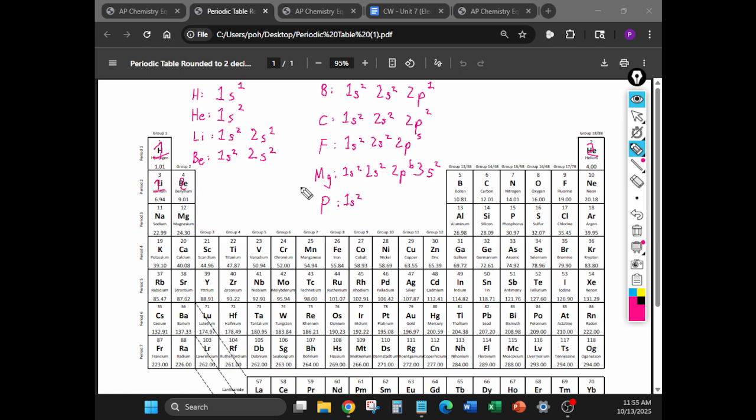You have 2 in 2s, so 2s2. You have 1, 2, 3, 4, 5, 6 in 2p, so 2p6. You have 1, 2 in 3s, so 3s2. And then lastly, p is 1, 2, 3 in 3p, so 3p3. And that's electron configuration.